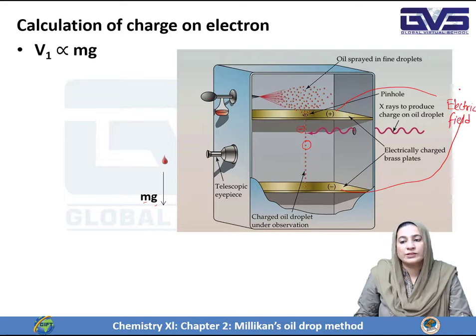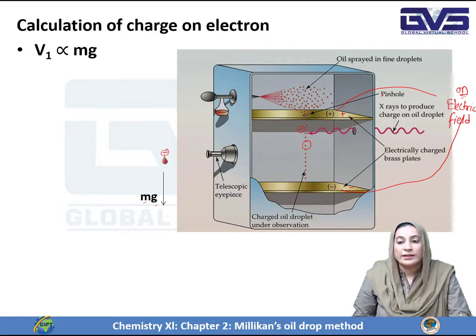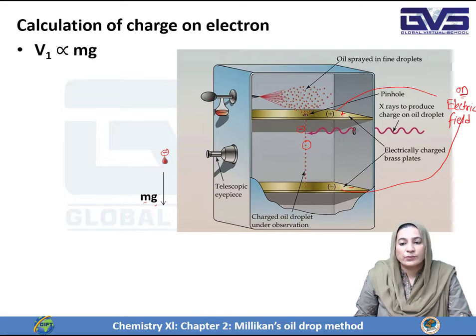When the electric field is on, the anode has a positive charge and the droplet is carrying a negative charge. Then in the presence of the electric field, it will move upward, towards the positive electrode, that is called the anode.